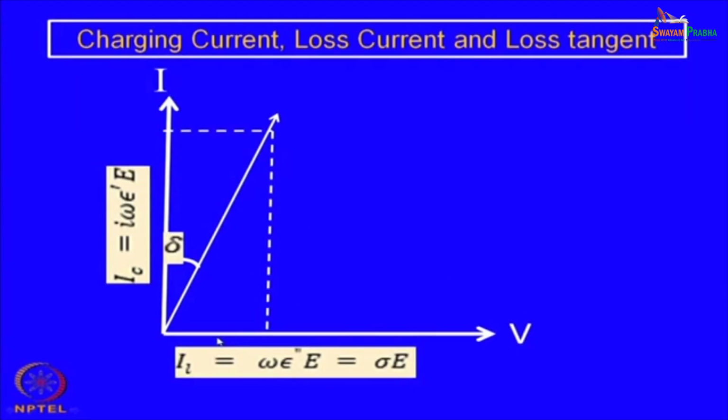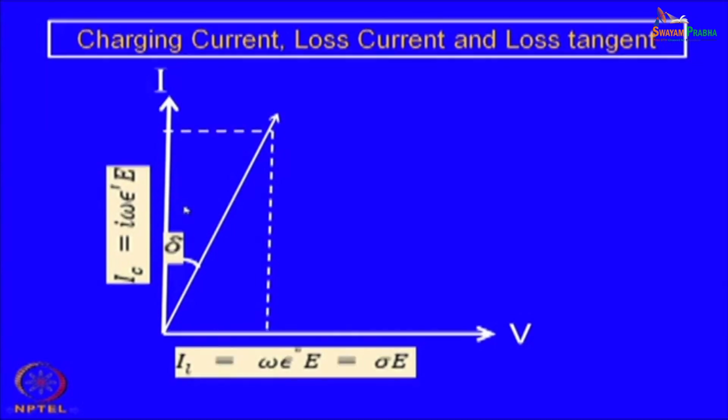Both are at right angles to each other, and this is the charging current, 90 degrees ahead of voltage, and the loss current which is in phase with the voltage. Ideally it should be 90 degrees, but the resultant current is actually along this line, which is at an angle of δ from the current axis.